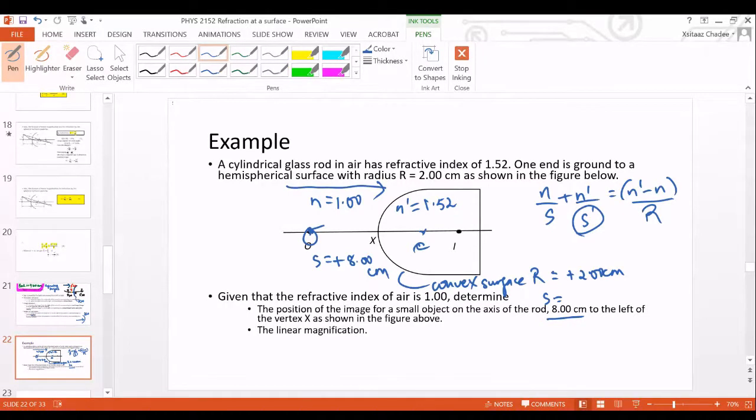Now we could make our substitutions. So n is 1, so we have 1 over s. S is going to be plus 8, so we put 1 over 8. We are working with centimeters throughout, so I can temporarily drop the units. So I have 1 over 8 plus n prime, which is 1.52 over s prime.